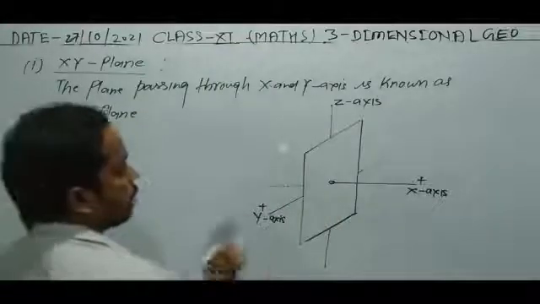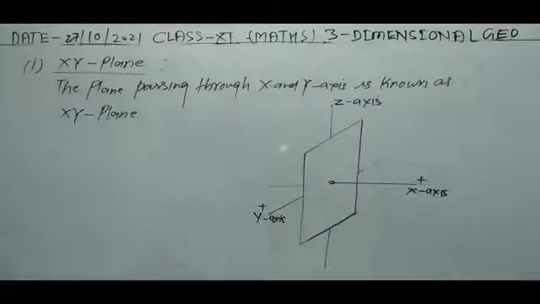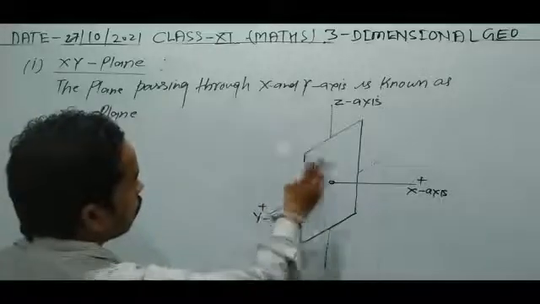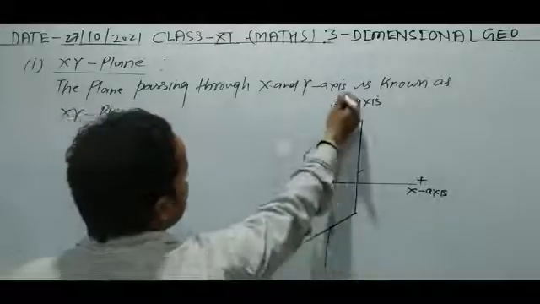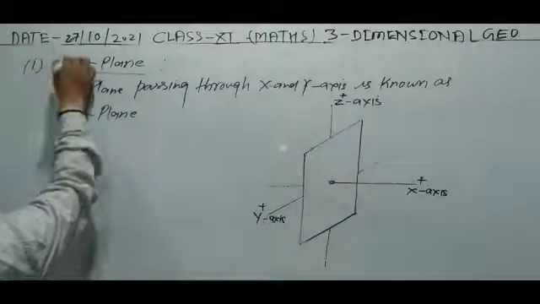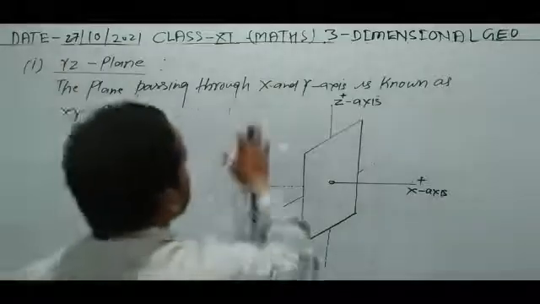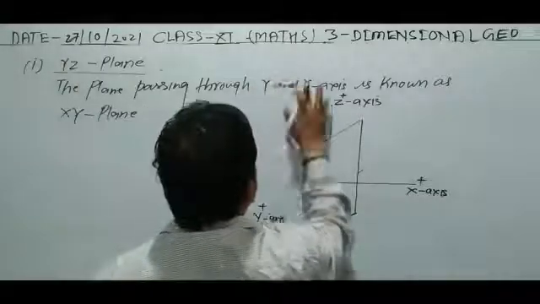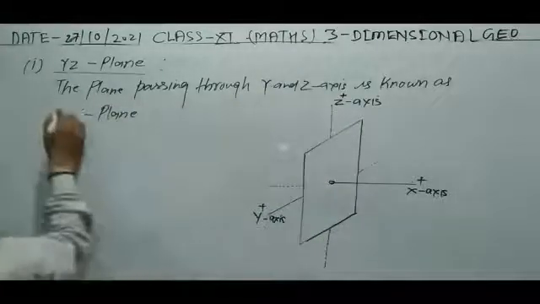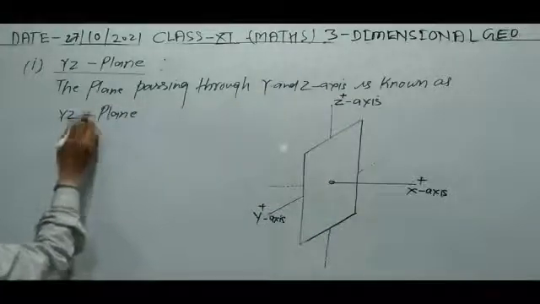This is known as the xy plane. Now the plane passing through the z-axis and y-axis is the yz plane, so the plane of the y and z axes is known as the yz plane.